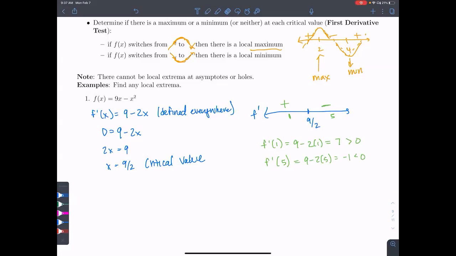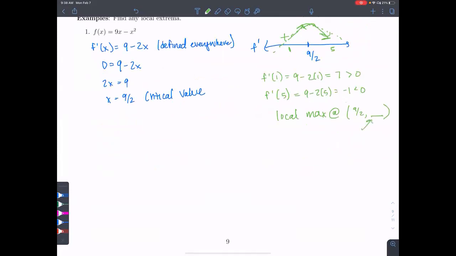So we're increasing into 9/2 and decreasing away. Increasing into, decreasing away. That's going to be a local maximum. 9/2, and then we need to figure out what that y value is. This is f, go back to f of 9/2.